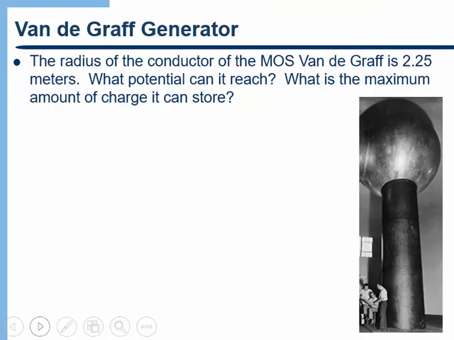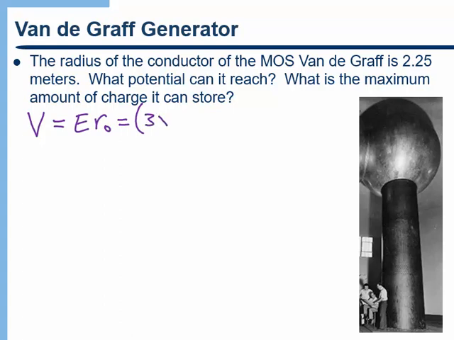Let's compare what would happen if we did the same thing at the Museum of Science. Just to make it simpler, I'm pretending the Museum of Science is just one dome, like our Van de Graaff. The Museum of Science Van de Graaff has a radius of 2.25 meters. So to figure out the electric potential at the surface, again, it would just be E times R naught.